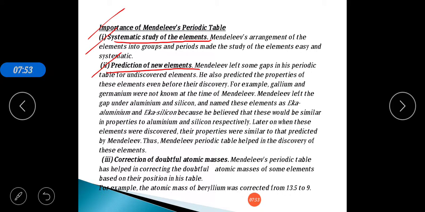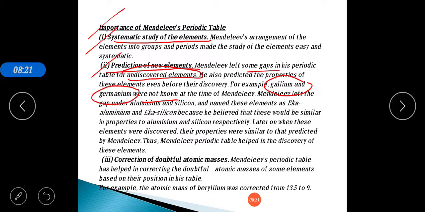Prediction of new elements. Mendeleev left some gaps in his periodic table for undiscovered elements. He also predicted the properties of the elements even before their discovery. For example, gallium and germanium were not known at the time of Mendeleev.